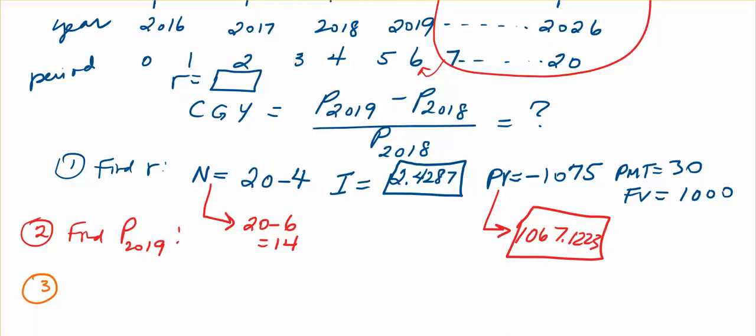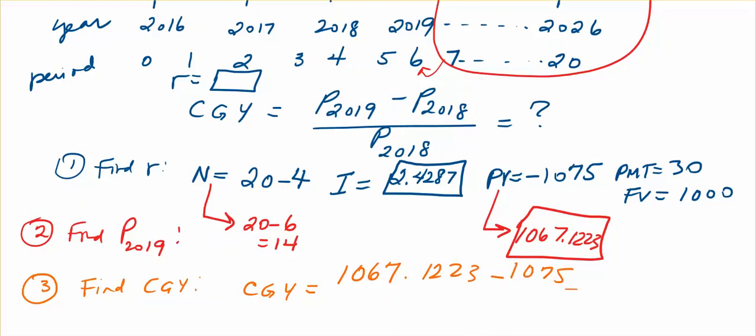Now we have everything we need for capital gain yield. Remember, the end price minus the begin price, divided by the begin price. You can verify that this makes sense because this is a premium bond.